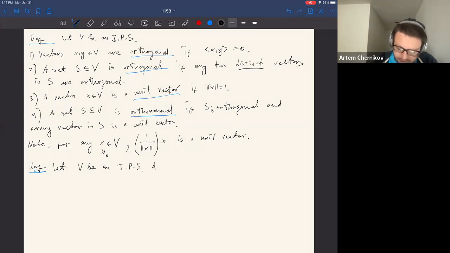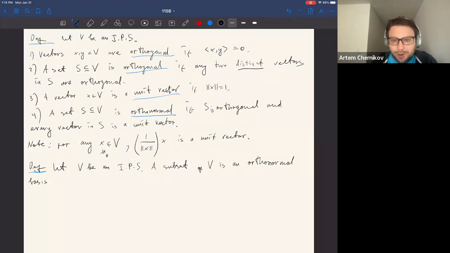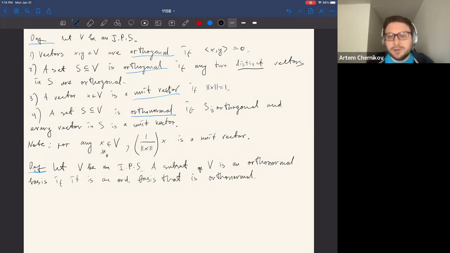Then a subset of V is an orthonormal basis if it is an ordered basis that is orthonormal. Okay, so it consists of all vectors of length 1, unit vectors, and they are all pairwise orthogonal.